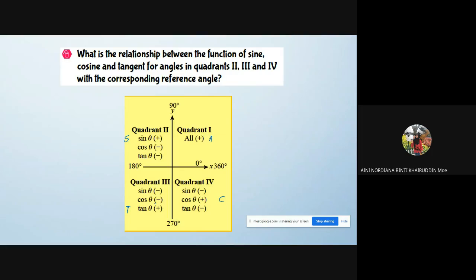At quadrant 3, only tangent positive, and at quadrant 4, only cos positive. Okay, nanti kita tengok macam mana nak guna ni. So yang ni kena hafal. Apa yang perlu hafal? The value of sine, cos, tangent, whether positive or negative. So dulu-dulu I hafal macam ni: all sines teacher cube. So all positive, sine positive, tangent positive, cos positive.